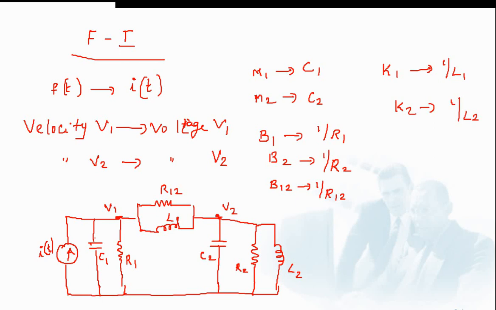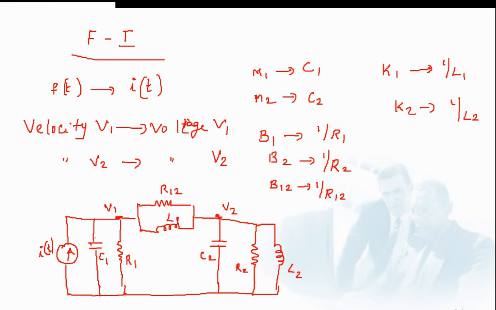Now if you get the dynamical equation, by applying Laplace transform you will be able to find the transfer function. If the transfer function is asked, then only you have to find it. Otherwise, no need to find the transfer function.